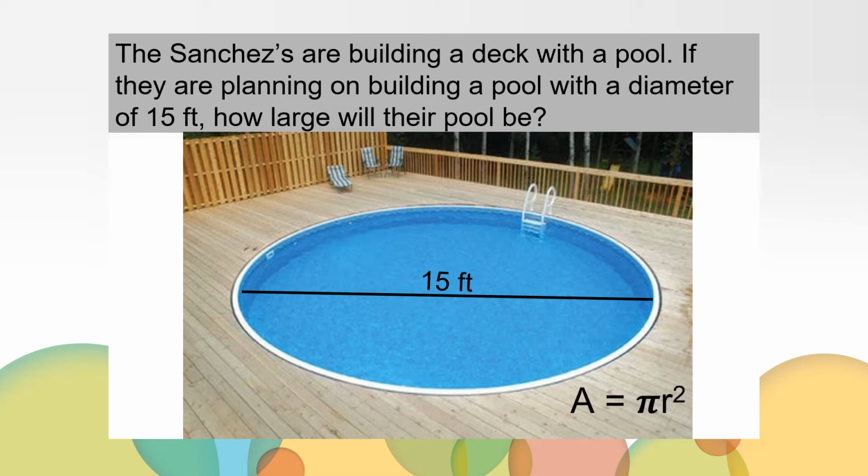Area equals pi times r squared. I know that the r in the formula stands for radius, but I'm noticing that right now all I have is the diameter. I'm wondering how I might use the diameter to help me figure out the radius.